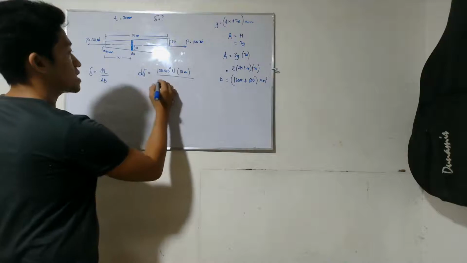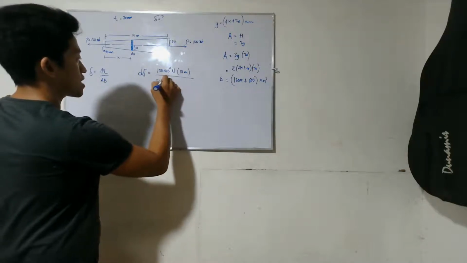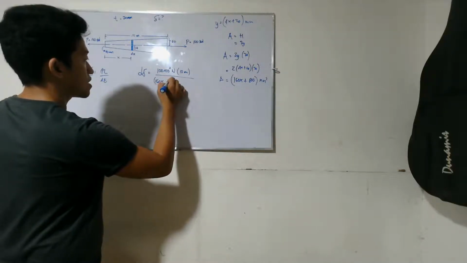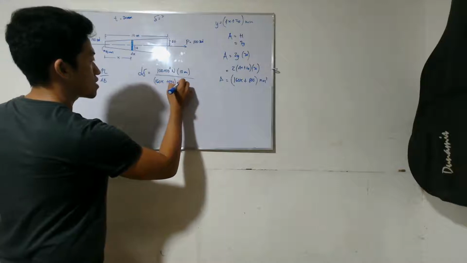So the area is 160x plus 800 mm squared.